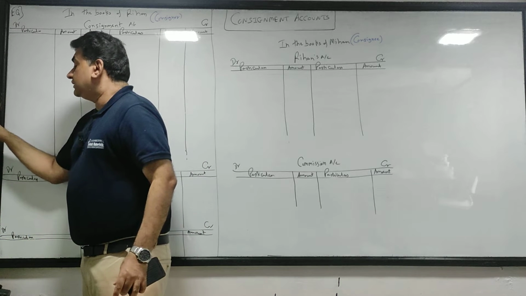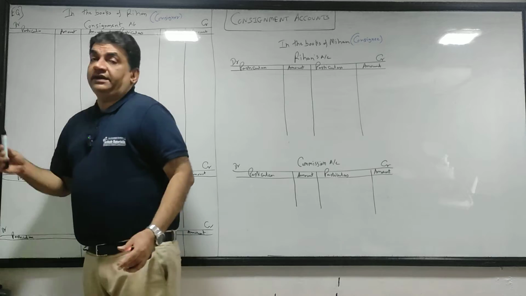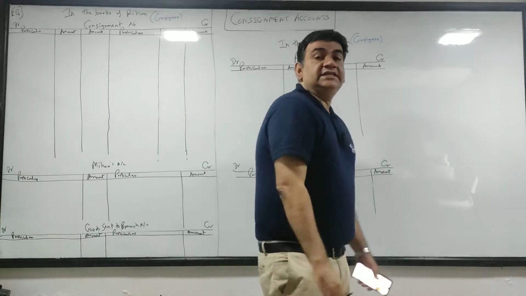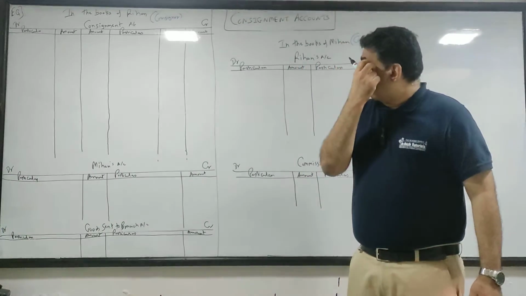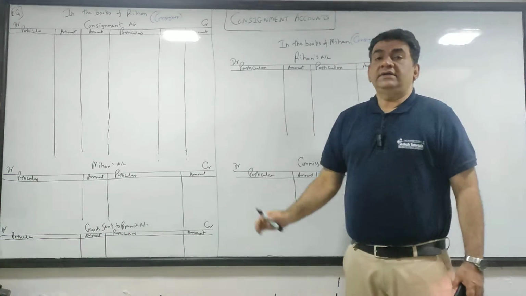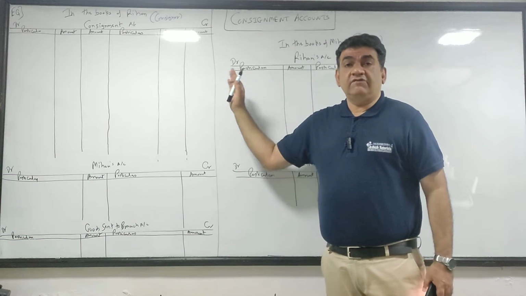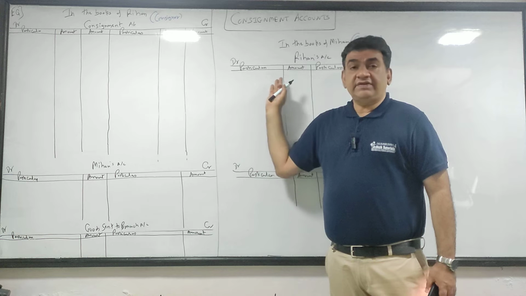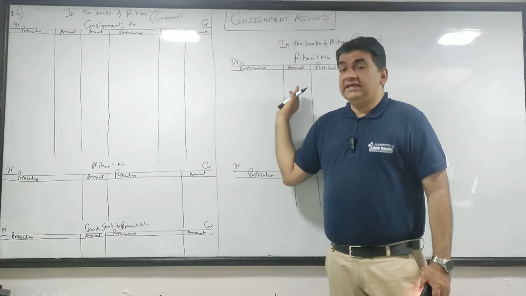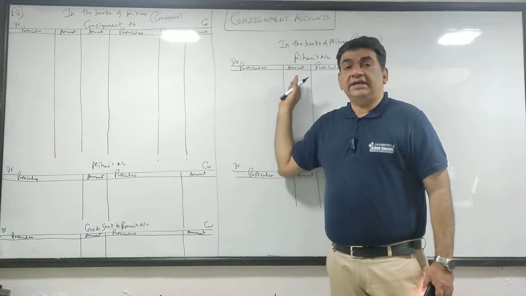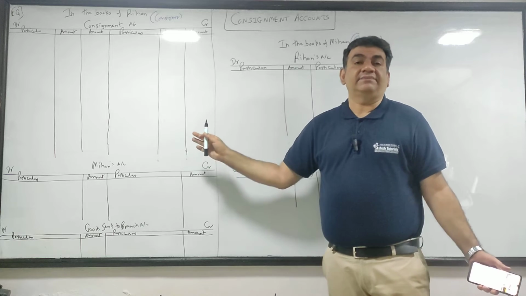Rihan is the consignor and Mihan is the consignee. What will the transaction be? Rihan will send goods, and Mihan will sell them. Both of them will incur expenses. He will collect the money from his customer, deduct all the expenses and pay him.